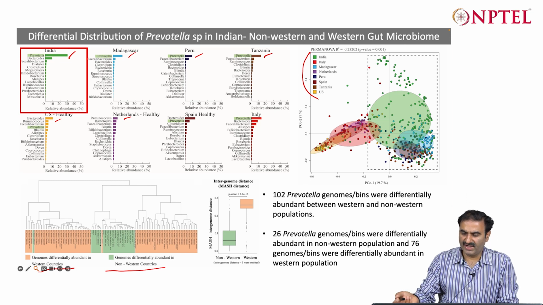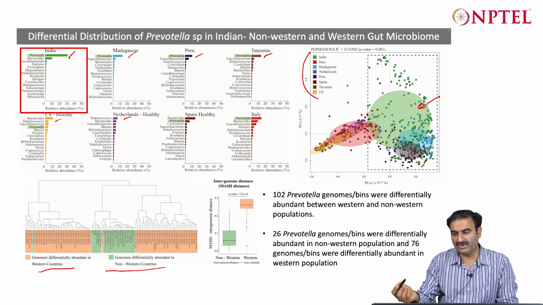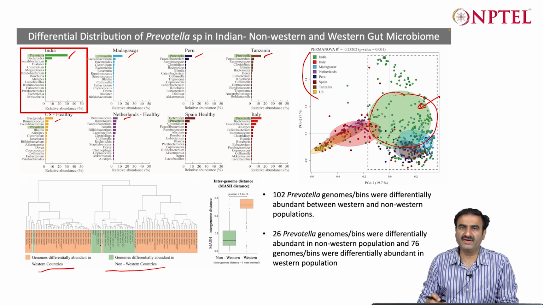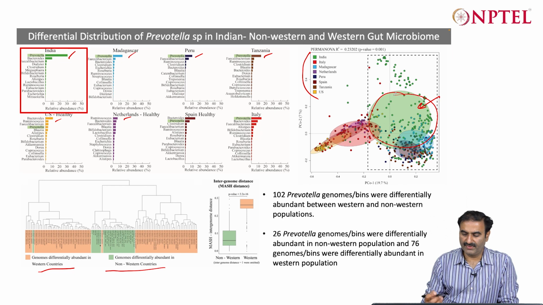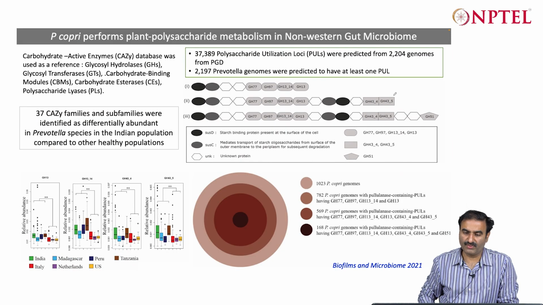And also, broadly, it showed that the Indian gut microbiome is very different from the other populations, and this big circle means that there is a lot of spread. That means even in India there is a lot of diversity in the gut microbiome. Still, Prevotella was the most important microbiome that was observed.